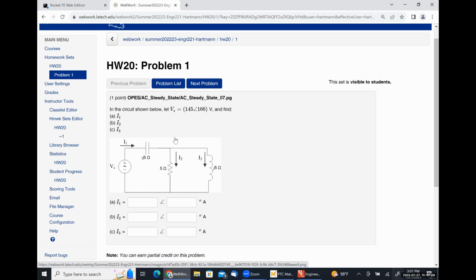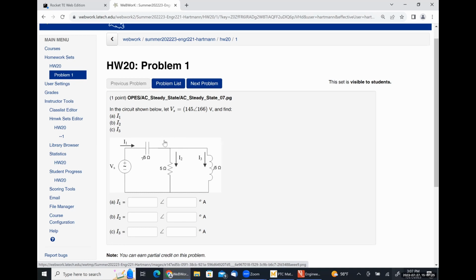If we find this voltage just using algebra, then that voltage divided by 5 ohms gives us I2, and that voltage divided by j5 ohms gives us I3. Then applying Kirchhoff's current law at this node tells us that I1 is simply equal to I2 plus I3. So that's one fairly straightforward way to do it.